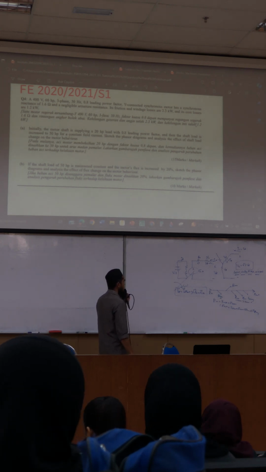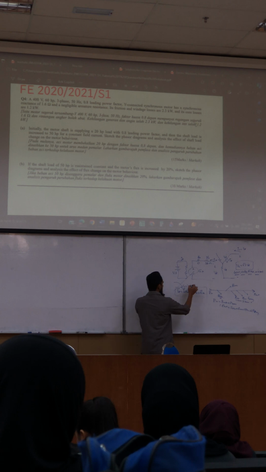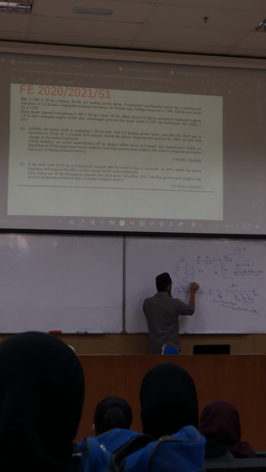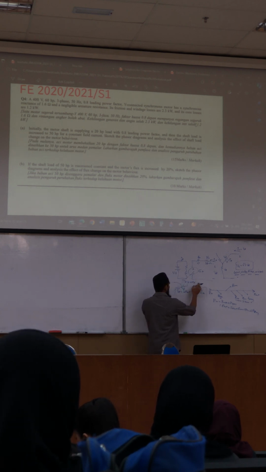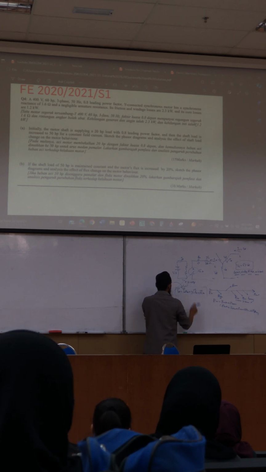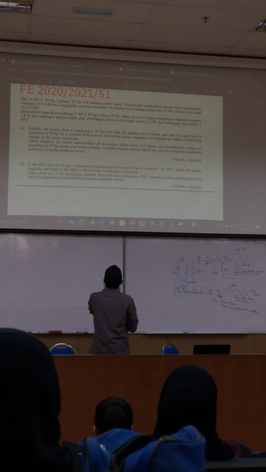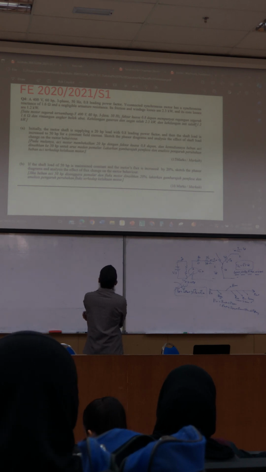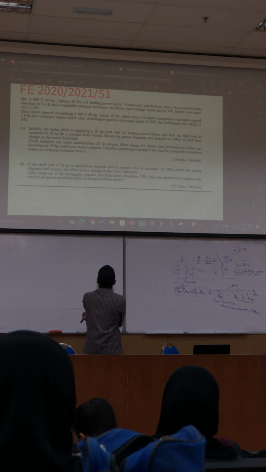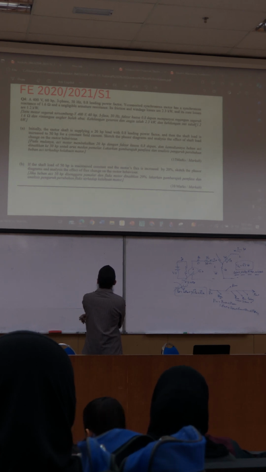Currently it is connected to 20 horsepower, still within rating. So how much is this, and how much at this moment is your performance in terms of your current and your motor behavior?